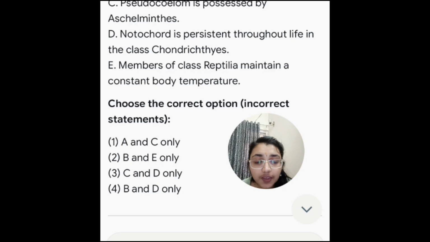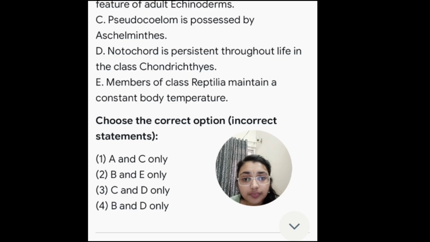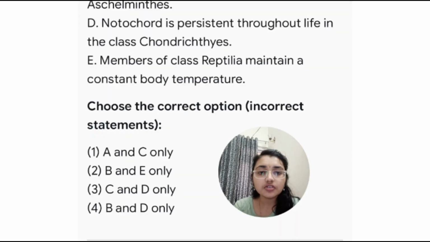So B is wrong. C is pseudocoelom is possessed by Aschelminthes. So this is correct. Notochord is persistent throughout the life of the class of Chondrichthyes.